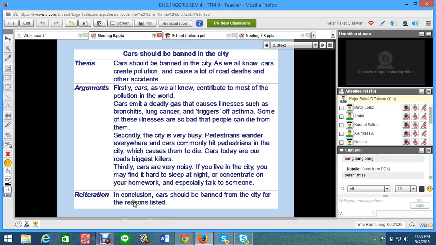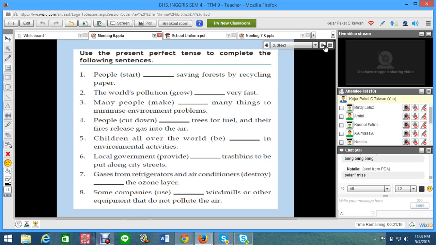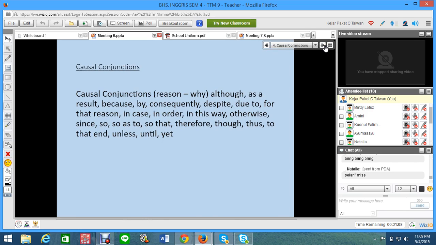Jadi konklusi itu represents, mewakili dari thesis dan arguments. Do you have any questions about this? Okay, no. Now we can continue to another topic.